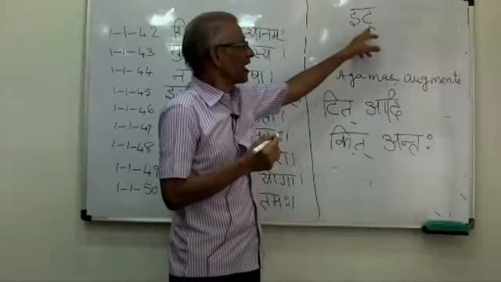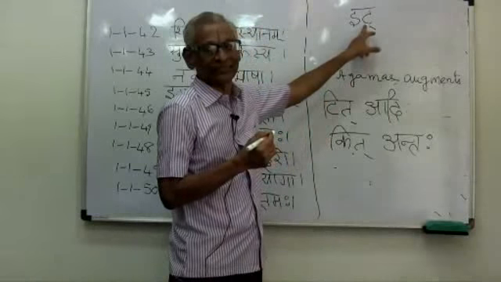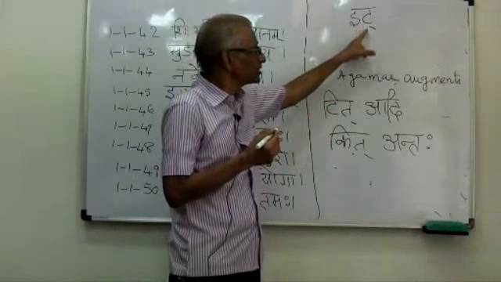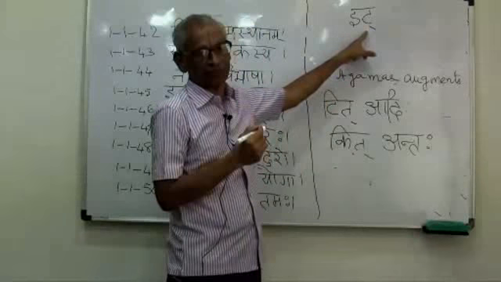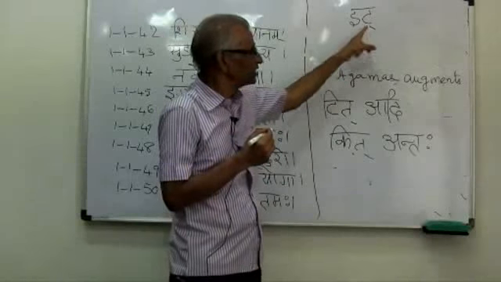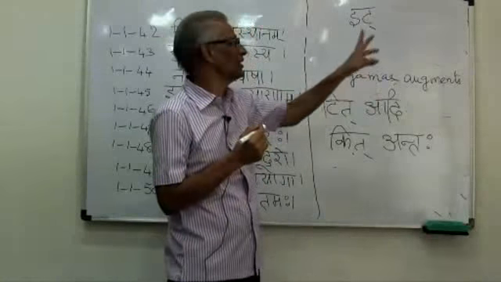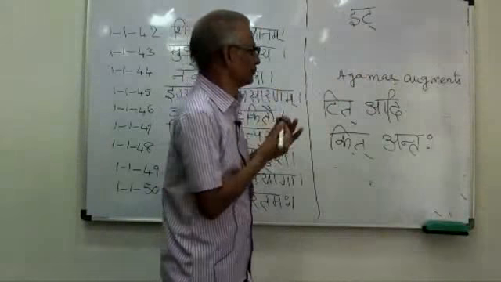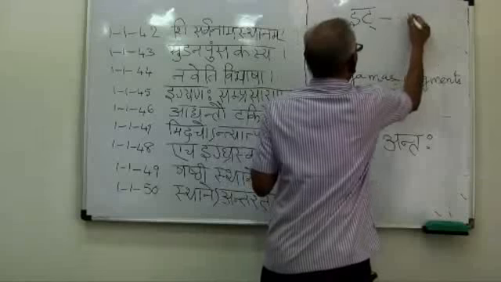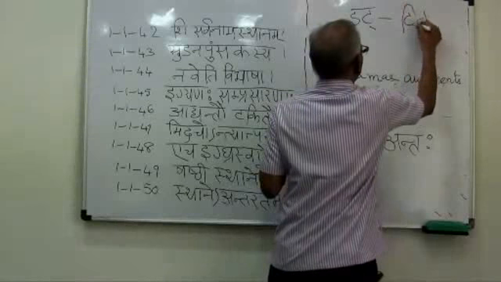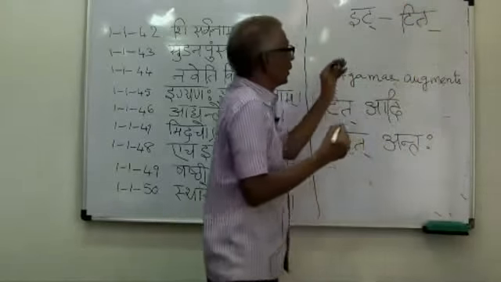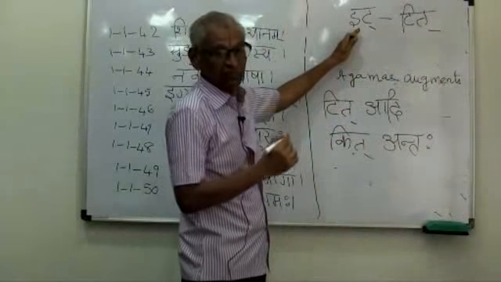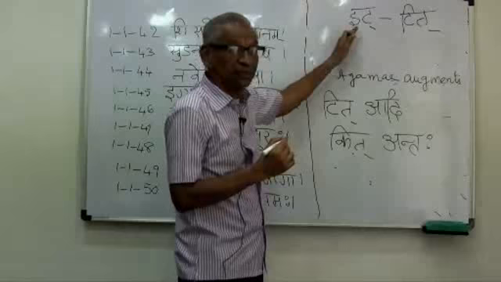This contains takara as it. In pratyayas or agamas, the last consonant is to be dropped. So this takara is dropped. This it agama is a tit agama because the takara is dropped. So when the it agama has been imposed on a certain word, it comes in the beginning because it is tit.